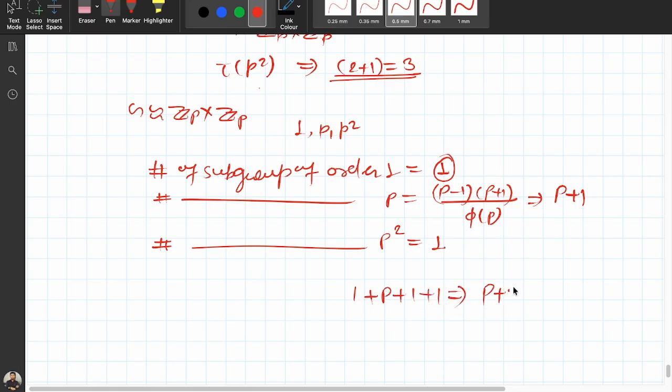So the total number of subgroups is P plus 3. Here it is 3 and here it is P plus 3.